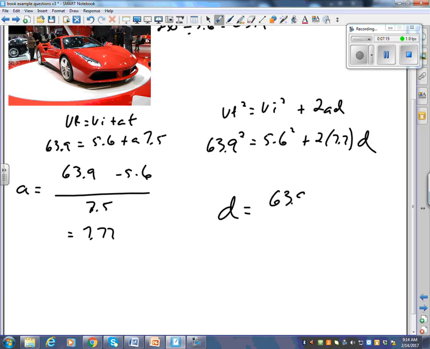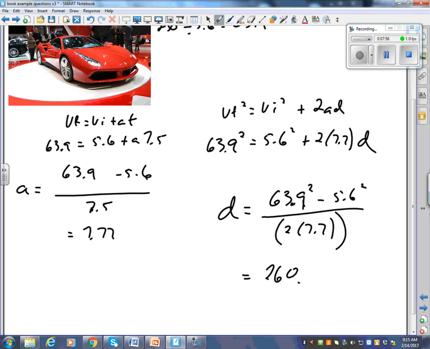So 63.9 squared minus 5.6 squared. And then I'm going to have to divide by that 2 times 7.77, right? Put that in brackets. Are we good with that? Please ask if that's stretching your solving abilities. And you should get 260.8. Yeah?